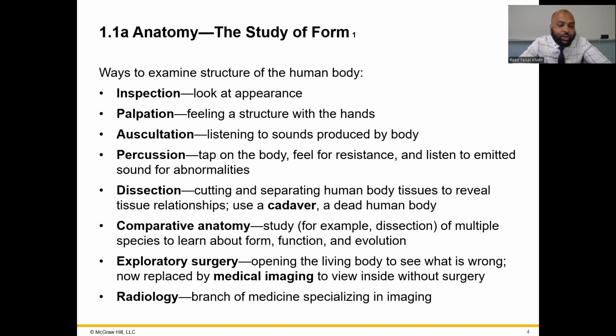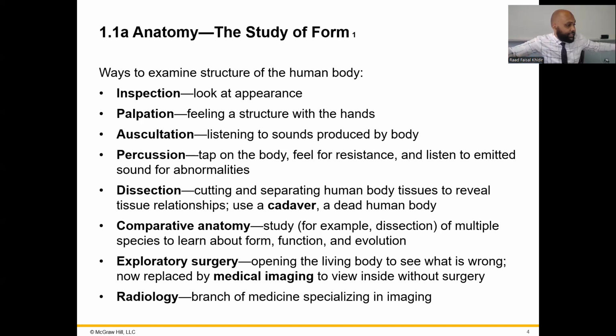And then we do percussion, and that is tapping on the body to feel the resistance and to listen to the emitted sound for abnormalities. So, what can percussion lead to? Percussion can lead to us finding out that there is an egregious increase in the size of the spleen, known as splenomegaly.